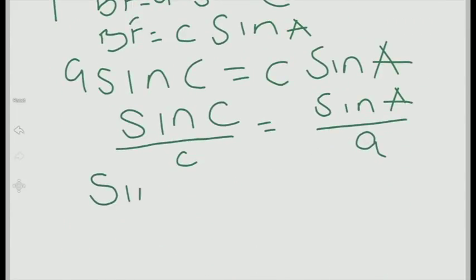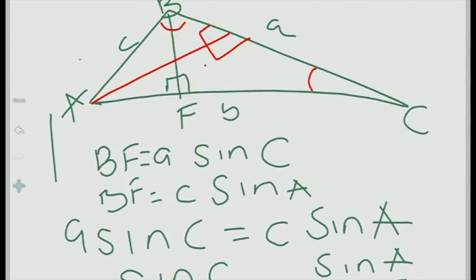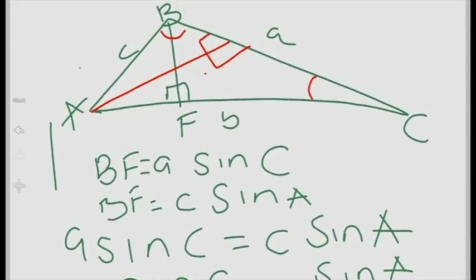We say the sine of B is the opposite over the hypotenuse. Sine of angle B, the opposite, we name this one H, so we have a new height AH now.